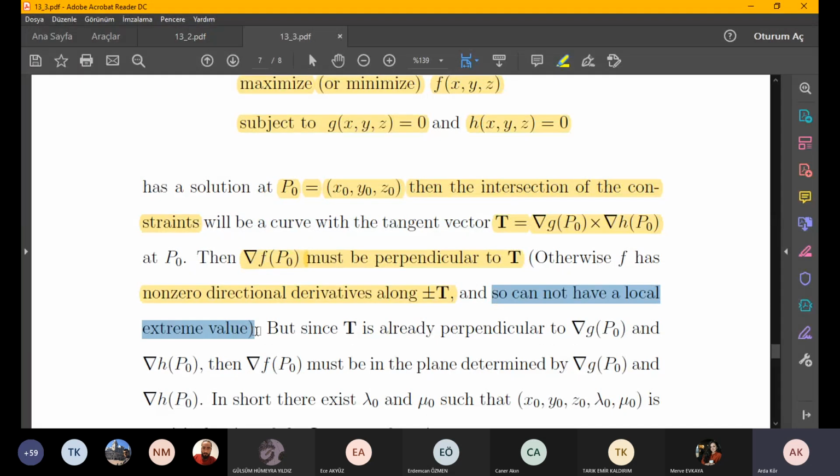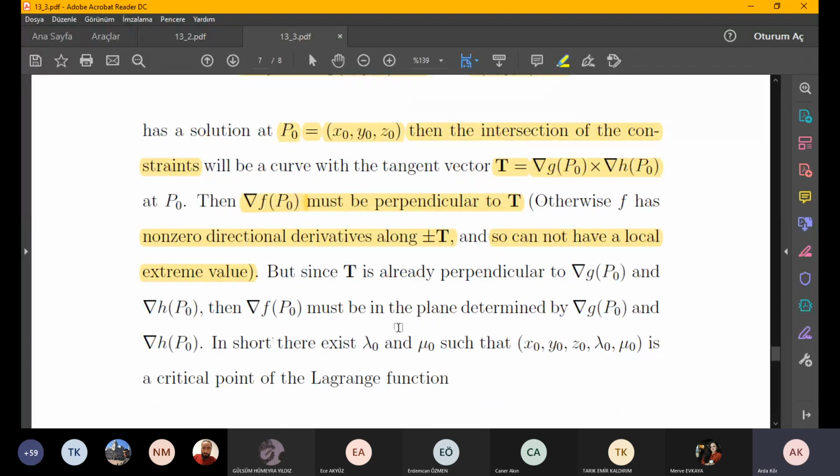But that tangent vector t is already perpendicular to the gradient of g at P0 and also the gradient of h at P0, because from the cross product we know that those two vectors are both perpendicular to the tangent vector.